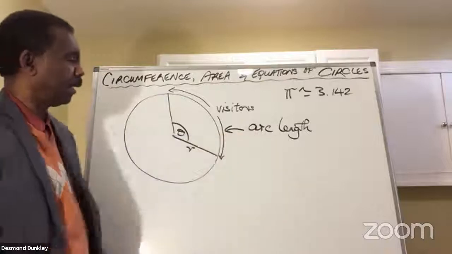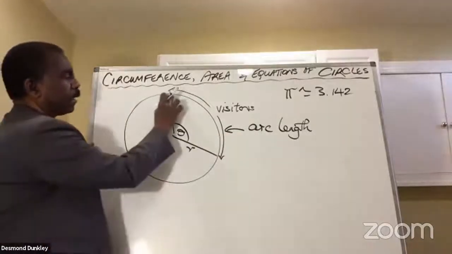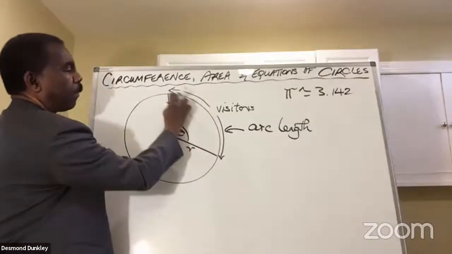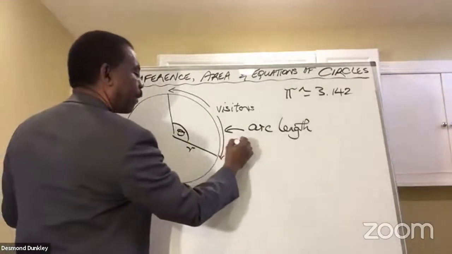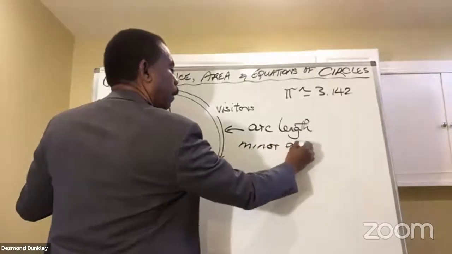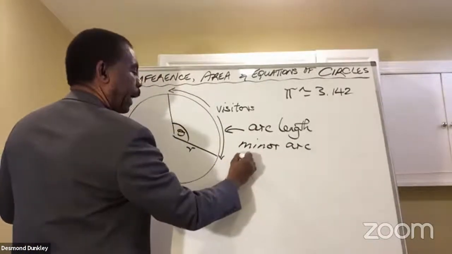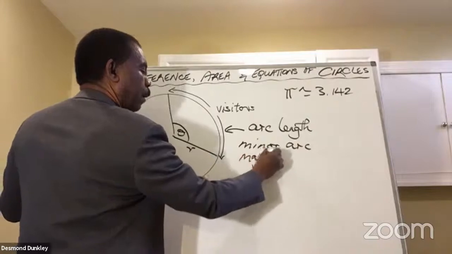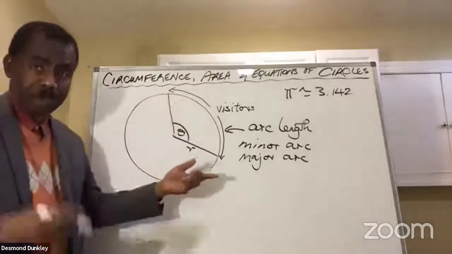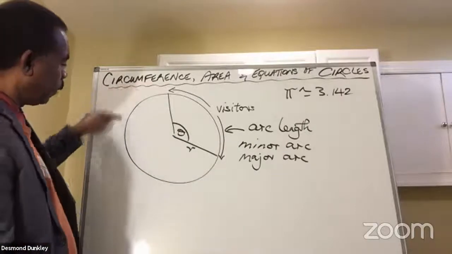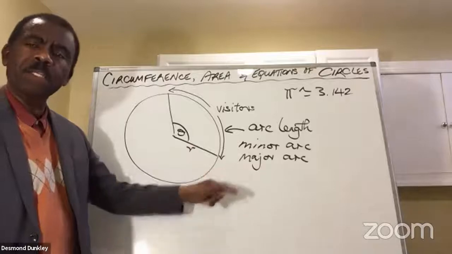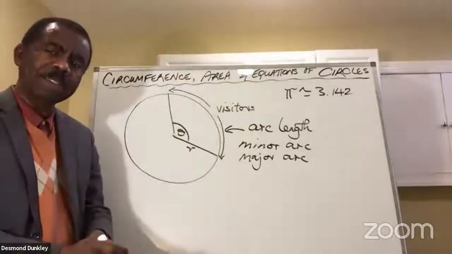It's an arc. And because this is one part and this could be another part, we refer to the smaller portion as the minor arc as compared to the major arc. So the minor would be the smaller one, makes sense. The major would be the other portion. So both of them together, the minor plus the major, makes the circumference.